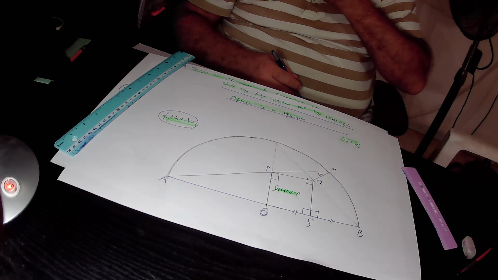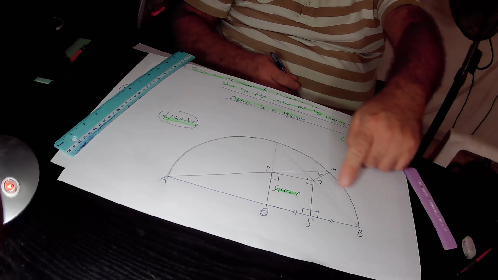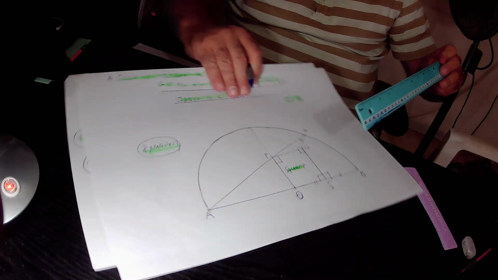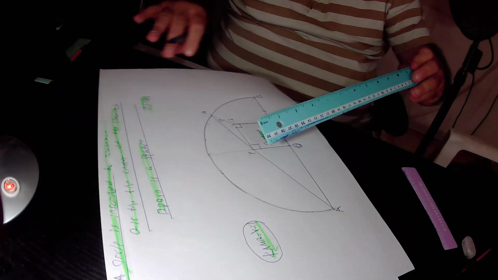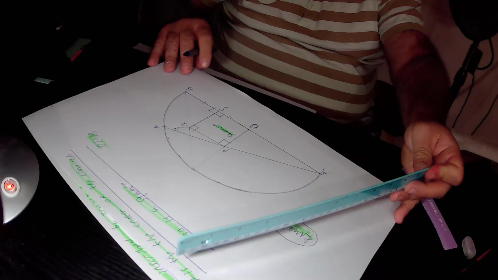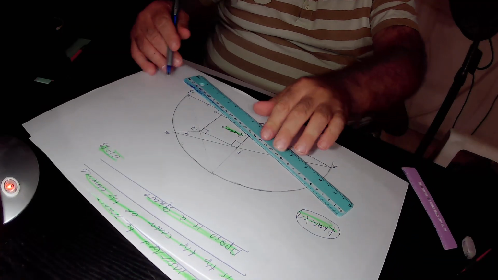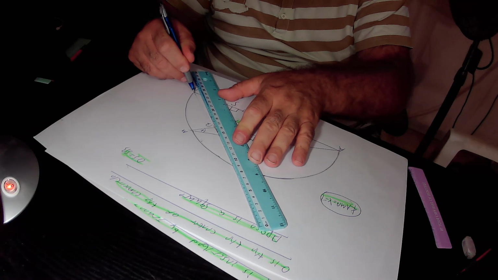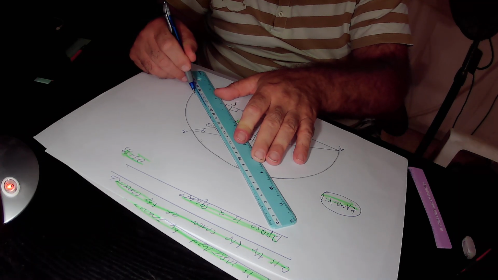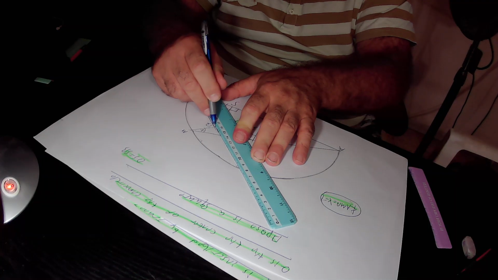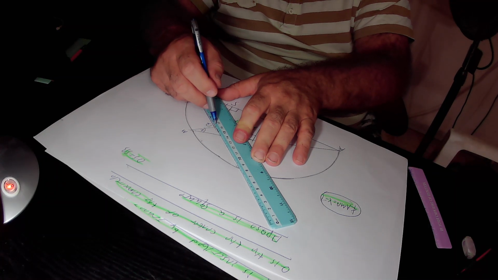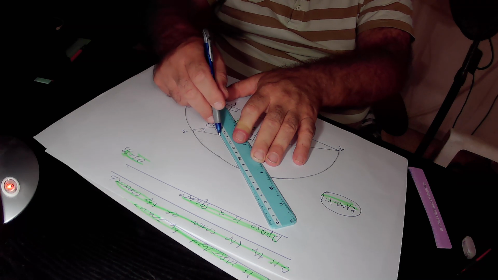In the next step, we join points B and Q together by a straight line. And we'll extend line segment BQ until it touches the circle.